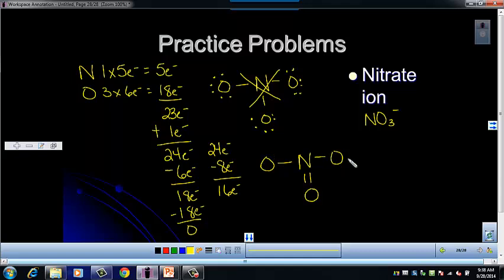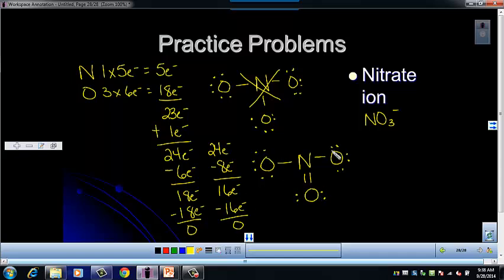Each of these 2 oxygen atoms has 2 electrons in the bond, so we're going to give each of those 6 for a total of 12. And then we need to give this oxygen 4. It's got 4 in bonds and it needs 4 more. So 12 from these 2 oxygens plus 4, that gives us 16 electrons. We've used all our valence electrons.